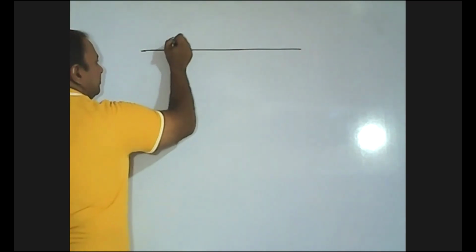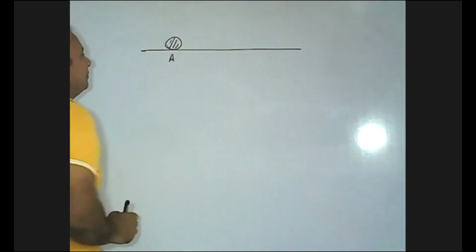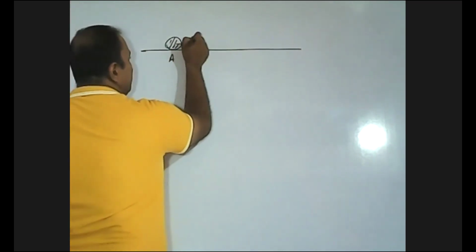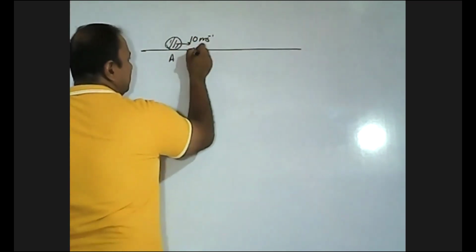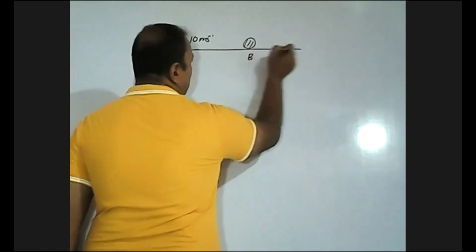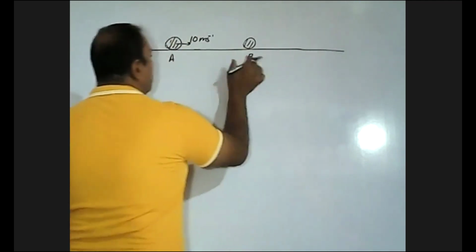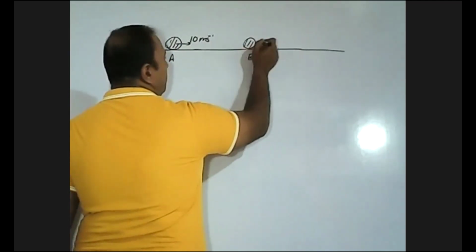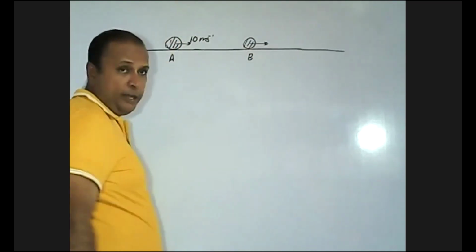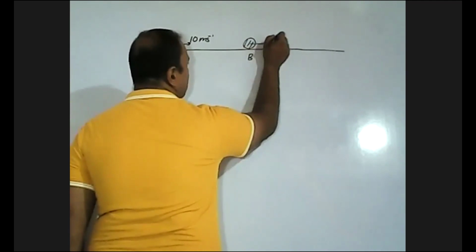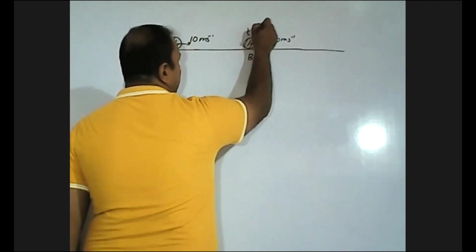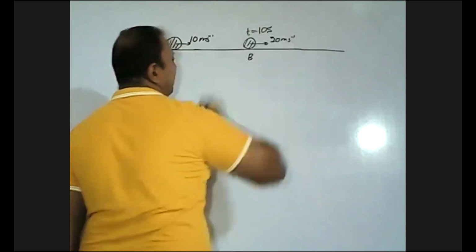Suppose there is a motion. It starts from point A. Suppose the initial velocity is 10 ms minus 1, and when the ball is passing point B, the velocity is 20 ms minus 1 and the time taken is 10 seconds.